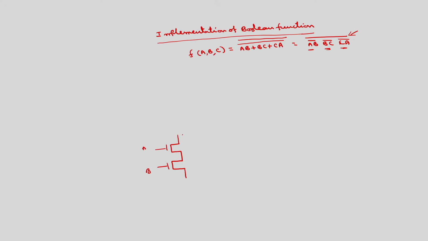A B, this is B C, of course, this B and this B are same, B C, this is C A, and above this one will be, the series components will be in parallel, parallel components will be in series. Okay.